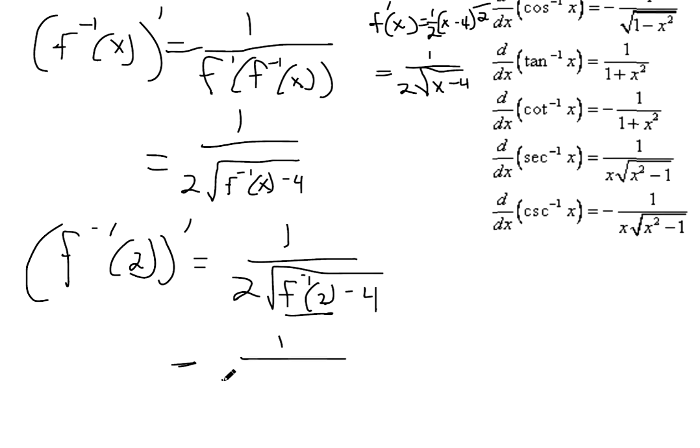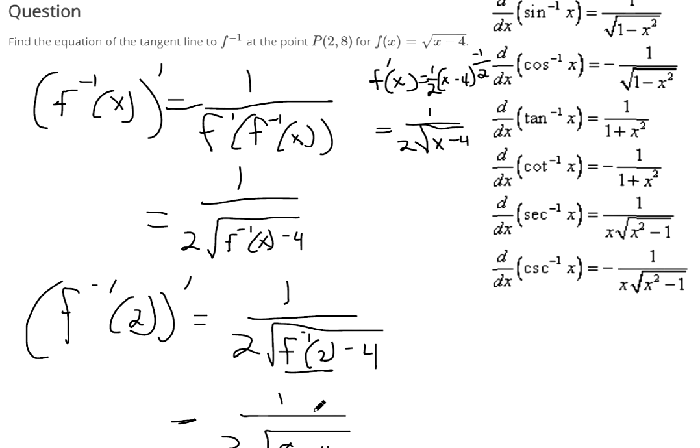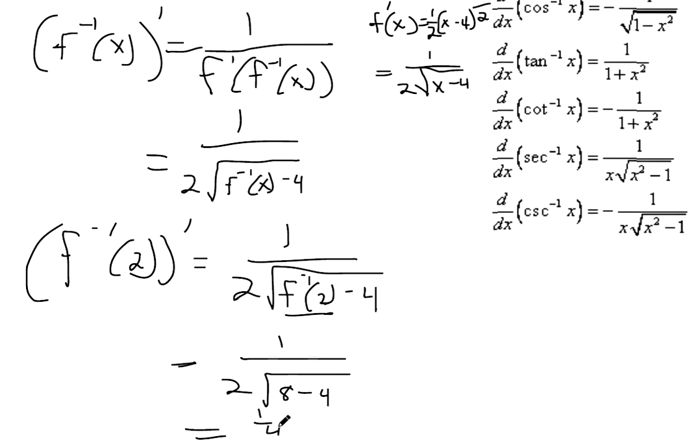This is 1 over 2 square roots of 8 minus 4. 8 minus 4 is 4. Square root of 4 is 2. 2 times 2 makes 4. So this is 1/4. That's the slope of the tangent line, right? This is a derivative, so if we plug in a value into the derivative, it spits out a slope. We got 1/4 for our slope.